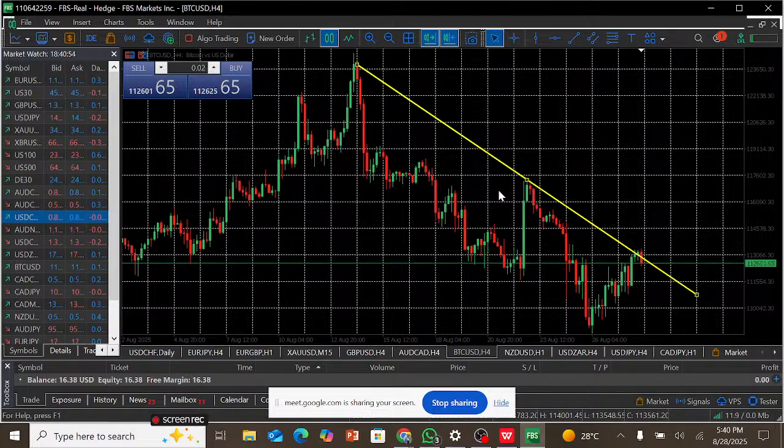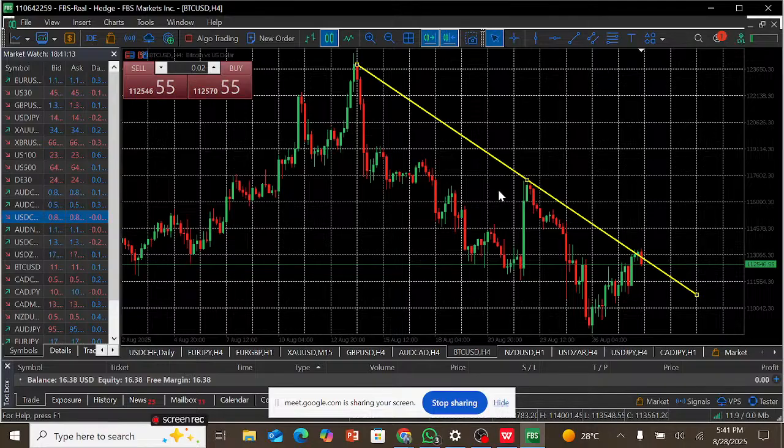So in that situation, we evaluate that the potential of going down is higher than the potential of going up. So in brief, we trade the direction of the market.